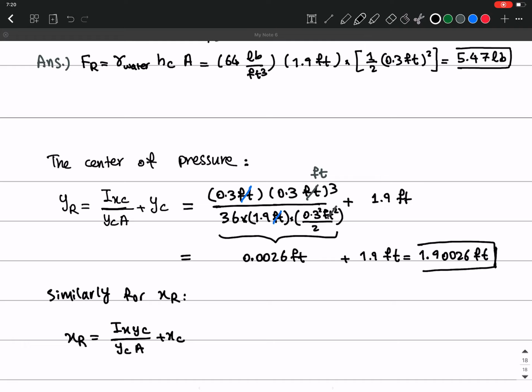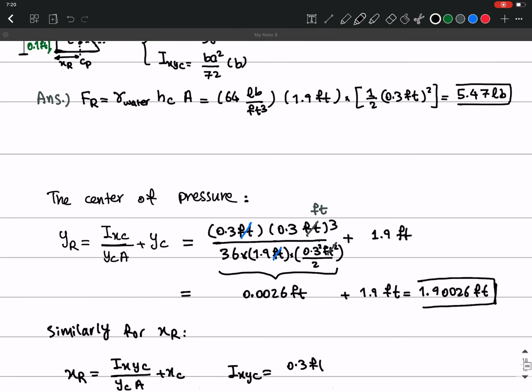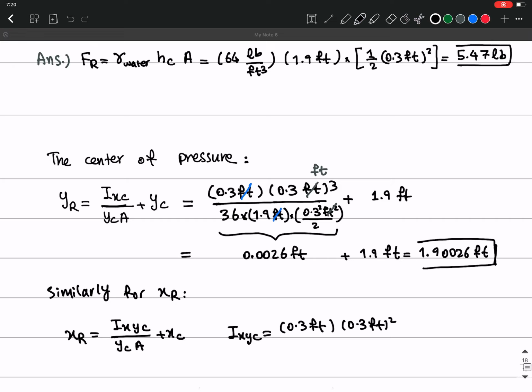So IXYC is going to be 0.3 foot times 0.3 foot squared over 72 times 0.3 foot. This equals 0.0081 foot to the power 4 over 72.